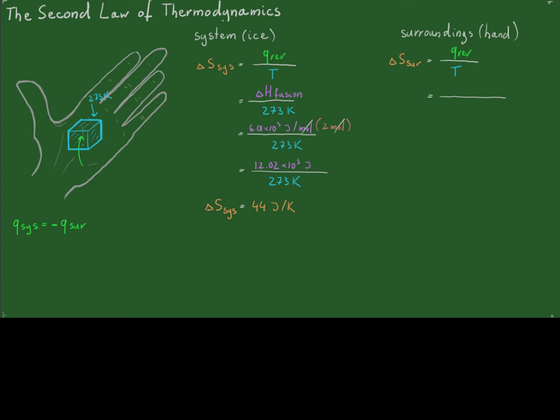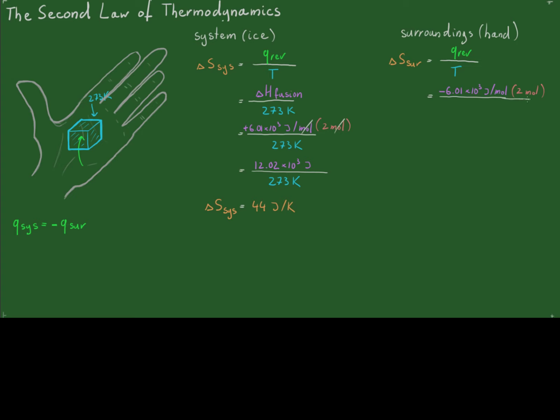That means that over here, I need to use a negative sign. I need to reverse the signs. Here it was positive, now it is negative. So negative 6.01 times 10 to the power of 3 joules per mole. And I'm still dealing with 2 moles of ice. So I need to multiply by 2.